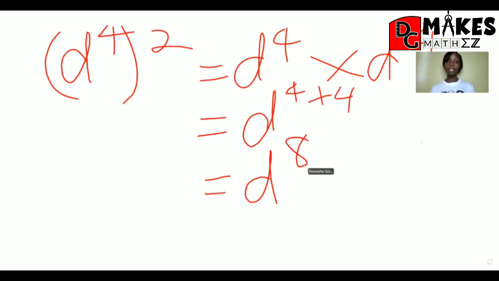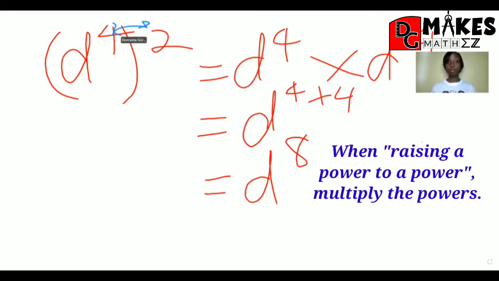But then if we look a little closer, we will notice that the powers are 4 and 2. And if we multiply those two, then we would get 8. You can try with other examples. That's fine. You will realize that the rule works just the same. Just try this again with different powers. All right. So if you are raising a power to another power, then you can go ahead and multiply the powers.